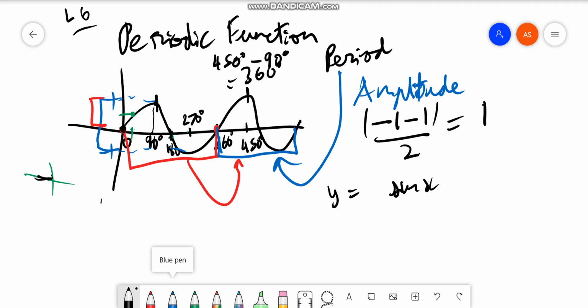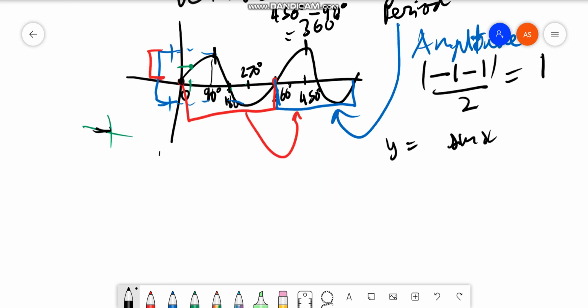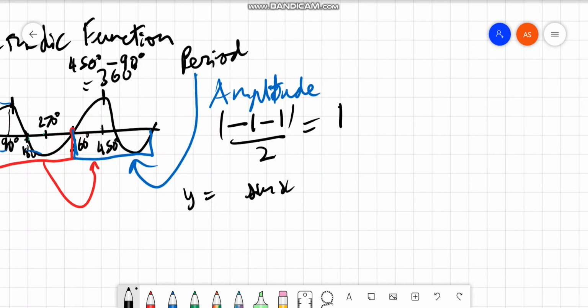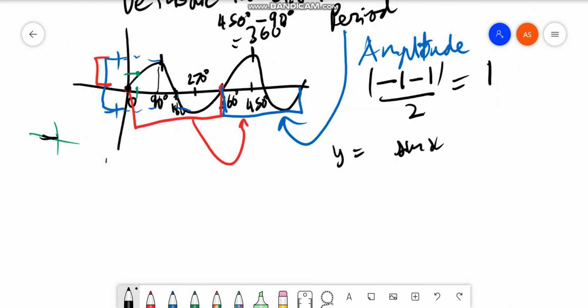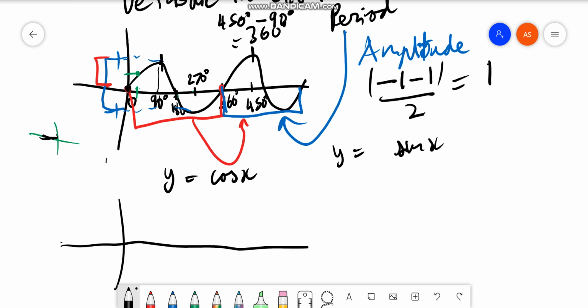Now let's try graphing some other graphs. Let's try graphing y equals cos x. So if we have this graph, and to graph the function, let's say this is 1 and this is -1.